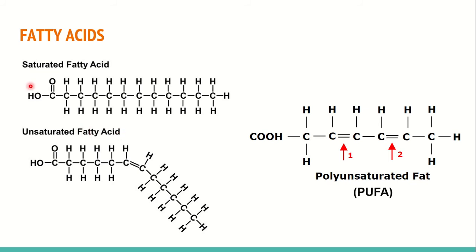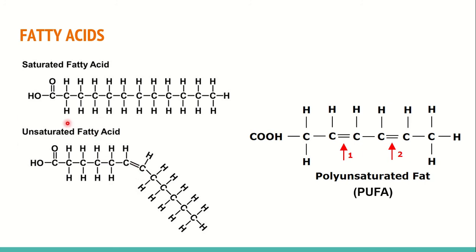As you can see, sa saturated fatty acid, wala kayong makikitang carbon-carbon double bond. So lahat ng mga carbons natin are joined together by single bonds. Alright? Yung ating unsaturated fatty acids, so merong carbon-carbon double bond. So some of the carbon atoms natin are joined together by double bond.